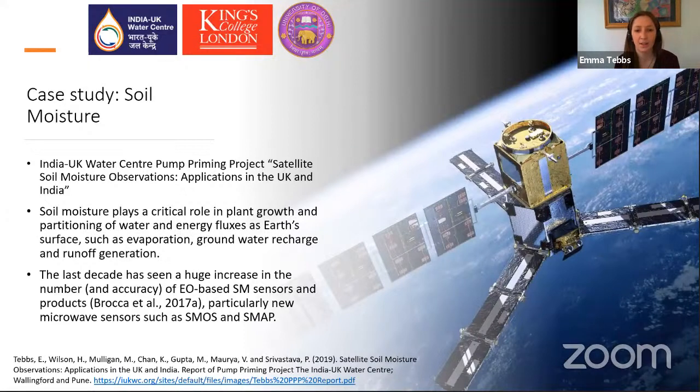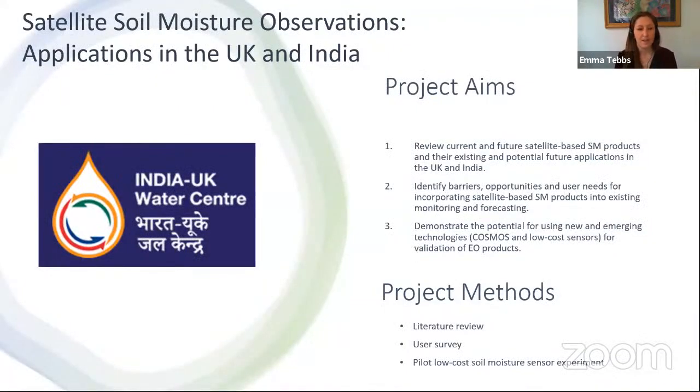And so over the last decade, there's been an increase in the number and accuracy of Earth observation-based soil moisture products, with new microwave sensors such as SMOS and SMAP. And so this project aimed to review both the current and also potential future applications of satellite soil moisture data in the UK and India, and also to identify barriers to use of that data and potential opportunities and user needs for incorporating that data into monitoring and forecasting.